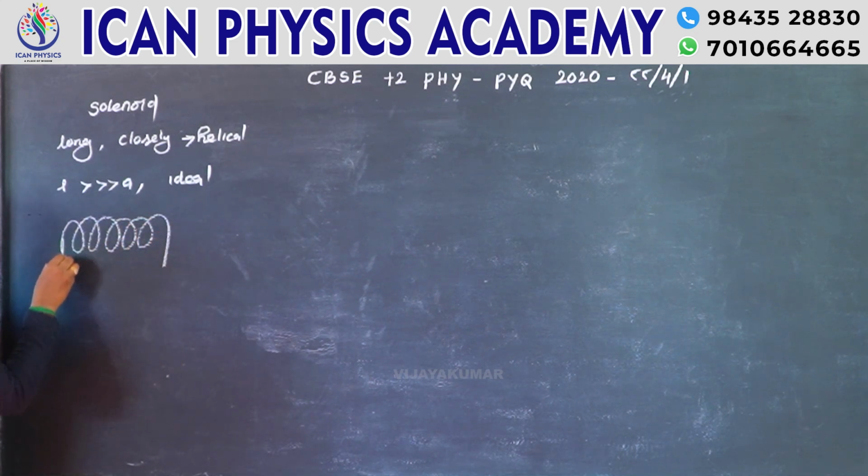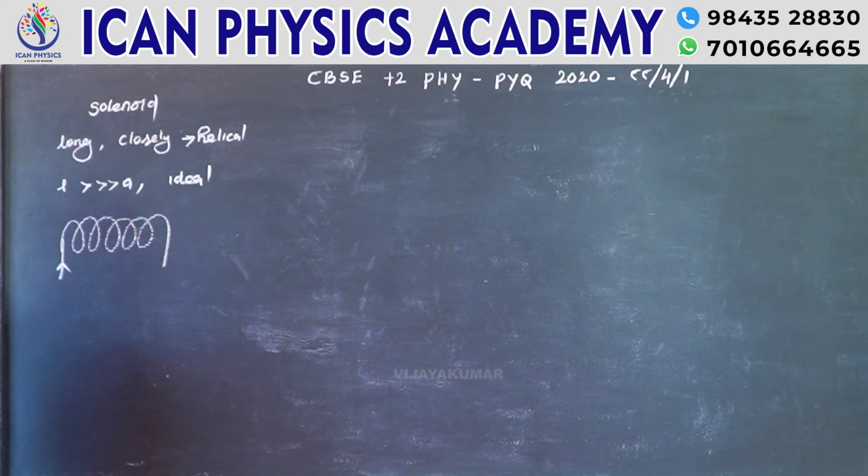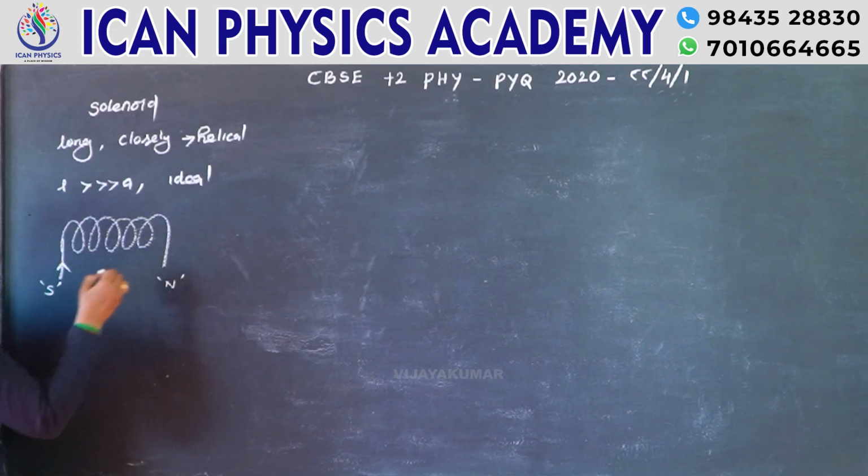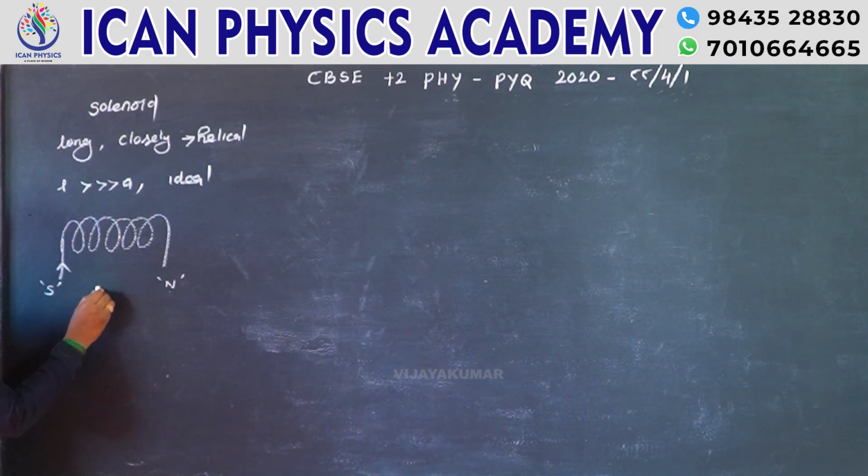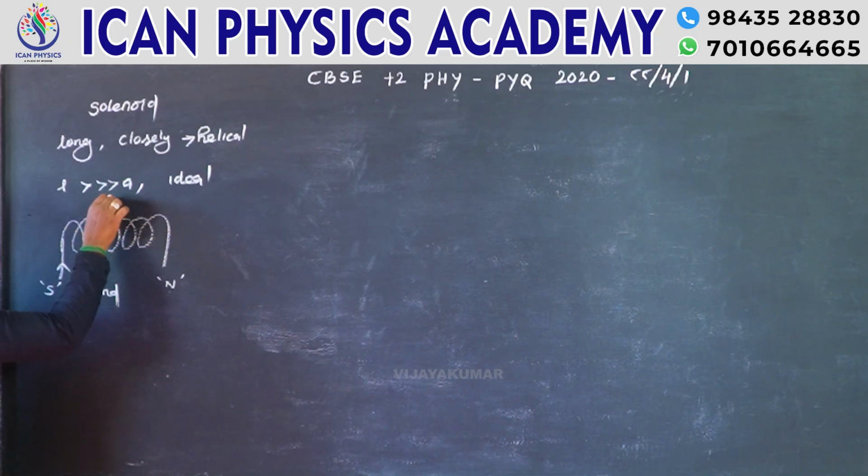Okay. So, when the current flows through the solenoid, then the nearer end acts as the south pole and the further end acts as the north pole, and it is given by the end rule. So, it acts as a bar magnet. Outside the coil, the magnetic field is 0.